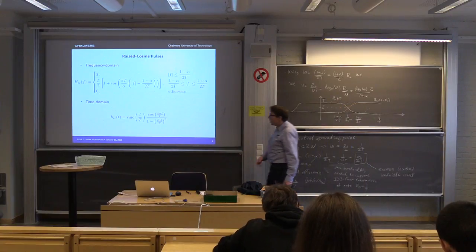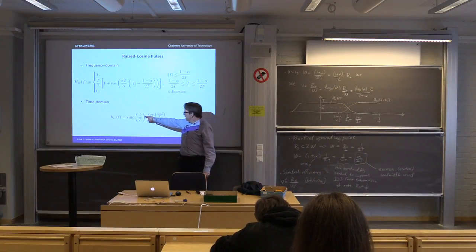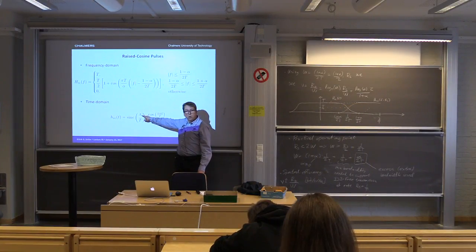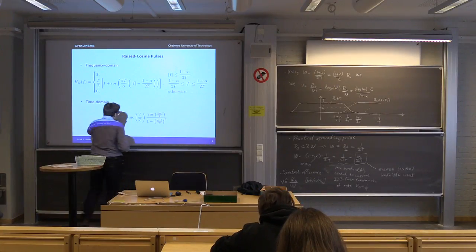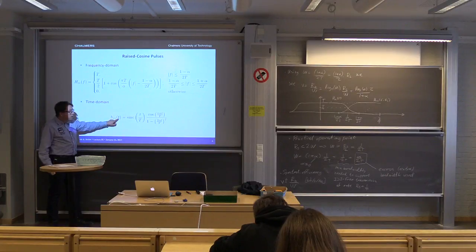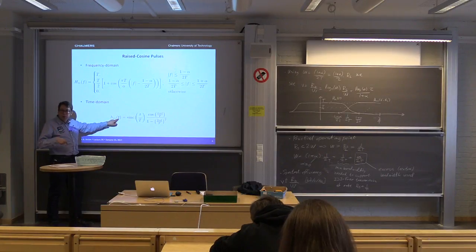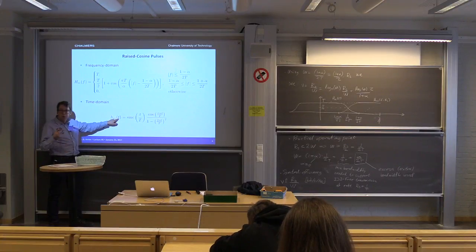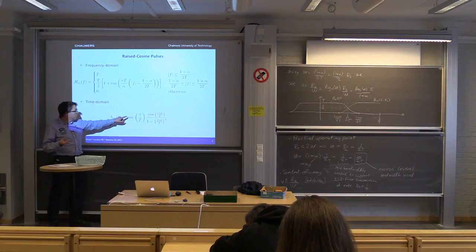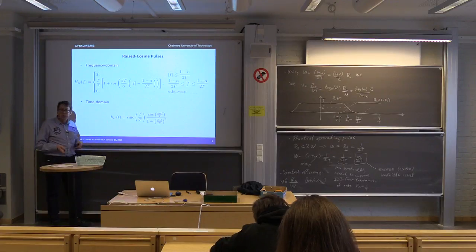Another way to check that is to simply compute the T-spaced samples of the time pulse here. So instead of small t, we put in capital T, capital 2T, etc. And we see that there is only one sample which is non-zero, and that is when t is equal to 0.